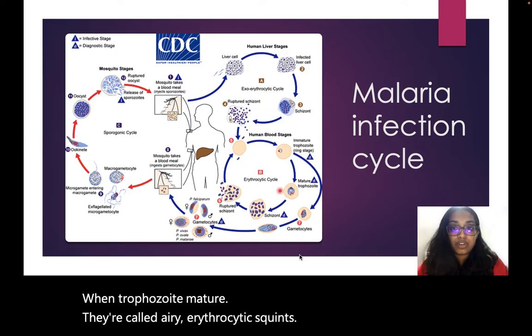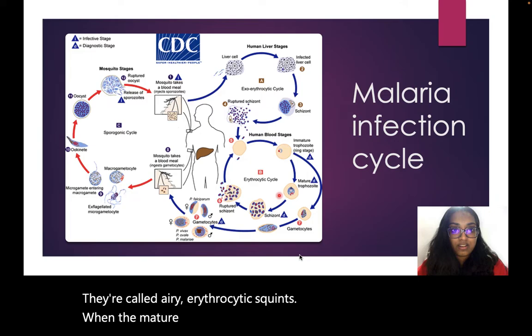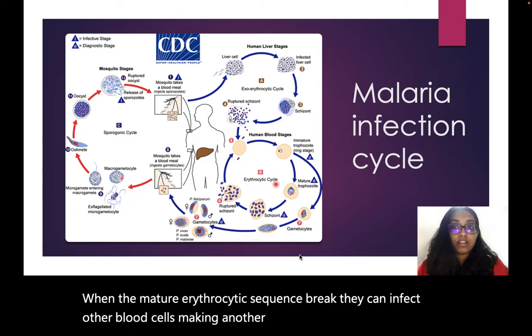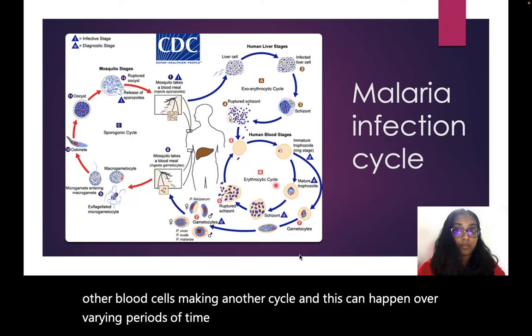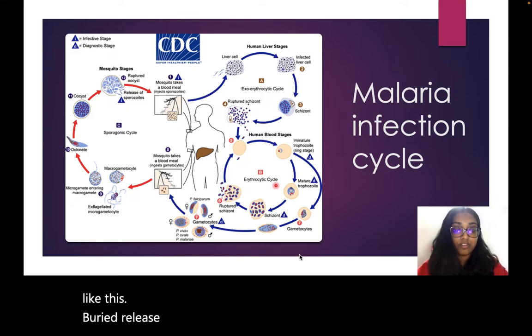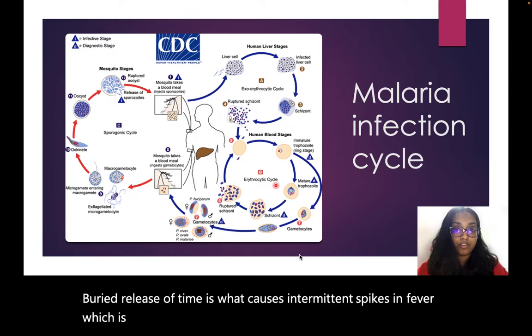When the mature erythrocytic schizonts break, they can infect other blood cells, making another cycle, and this can happen over varying periods of time. The release of the merozoites, and this varied release over time, is what causes intermittent spikes in fever, which is a unique feature of malaria.